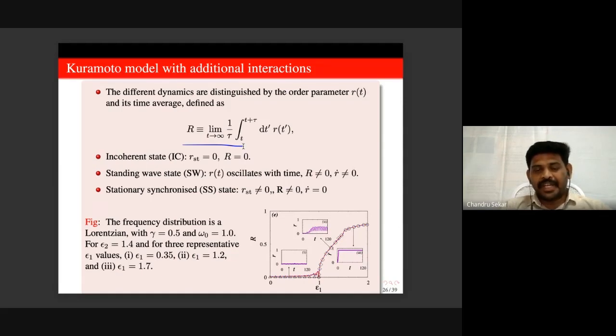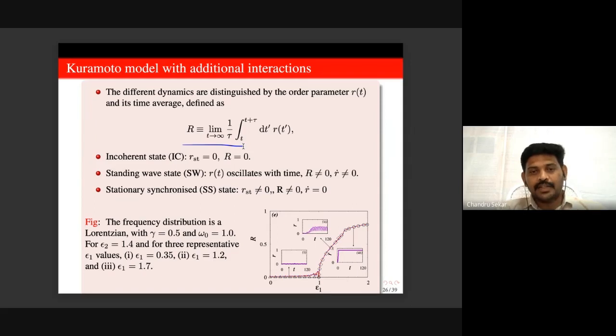But in the standing wave state and the stationary synchronized state, we have a synchronized cluster as well as a desynchronized cluster. The number of oscillators in the synchronized cluster depends on the coupling strength of the system. But in the standing wave state, the desynchronized oscillators oscillate with their angular frequencies.